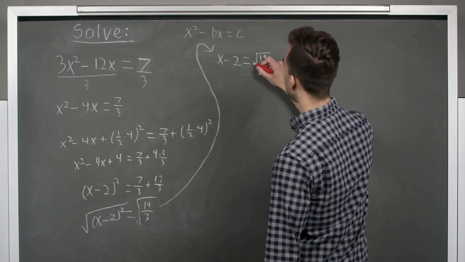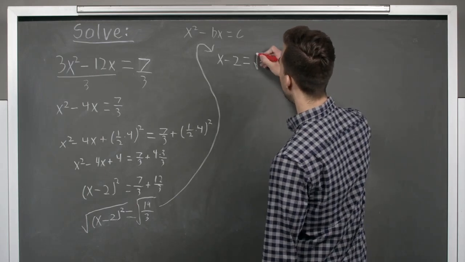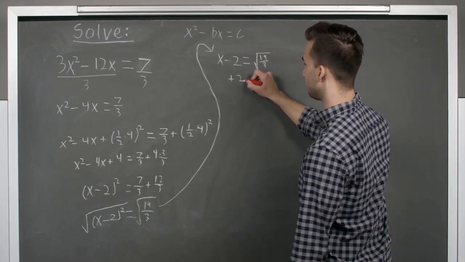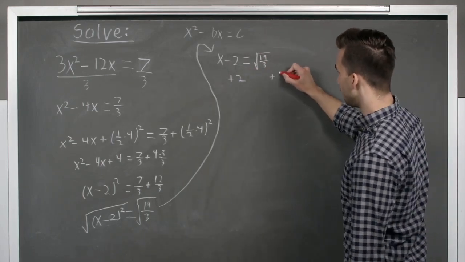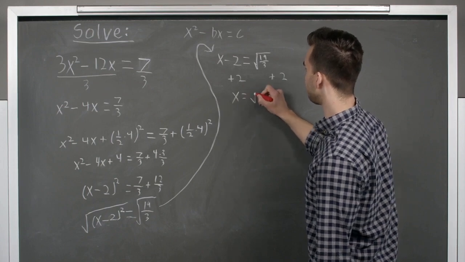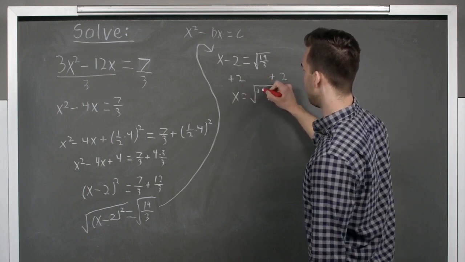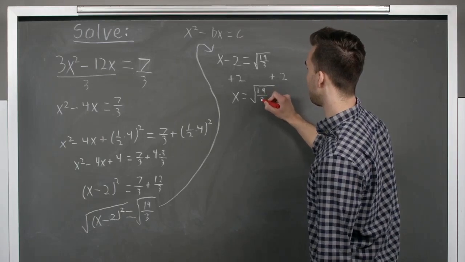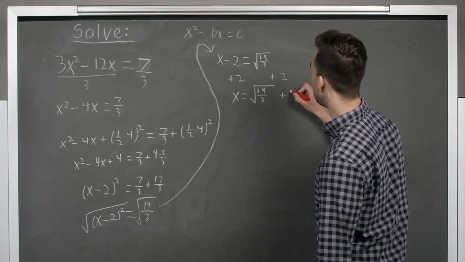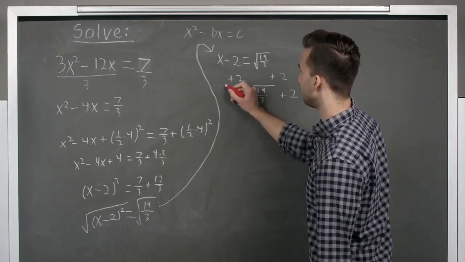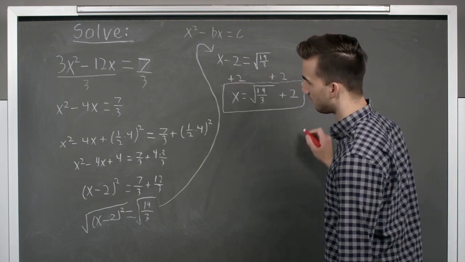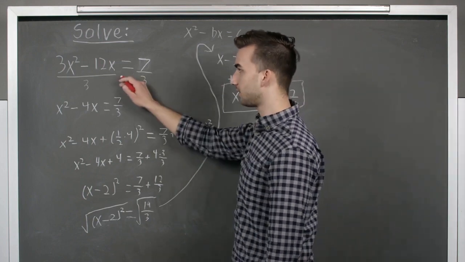And make sure the whole fraction is in the square root. And then all we have to do is add 2 to both sides. And that'll give us x equals the square root of 19 divided by 3 plus 2. So that is our solution for x and our solution for this example.